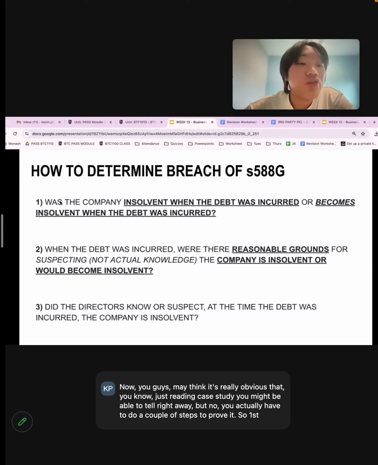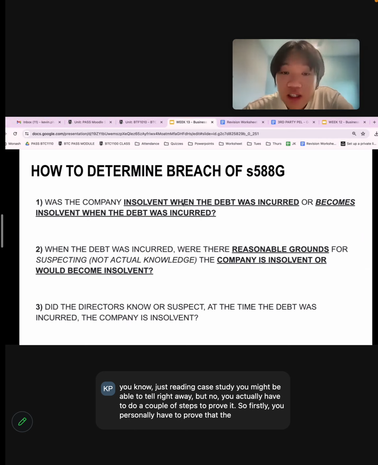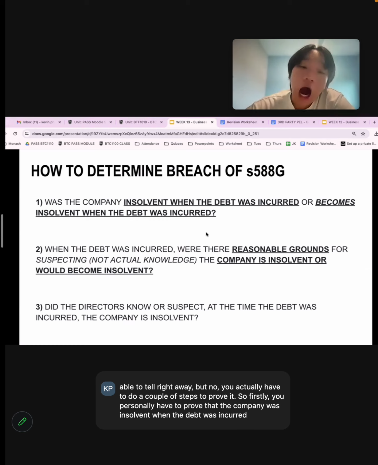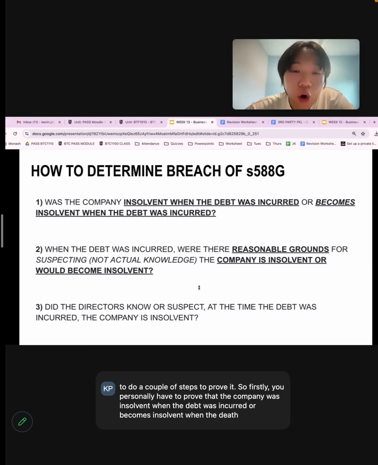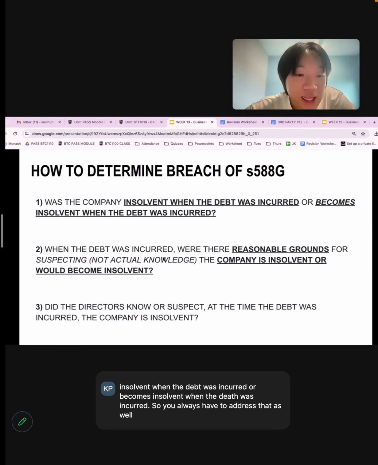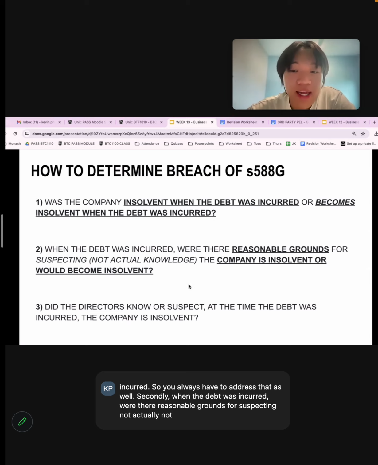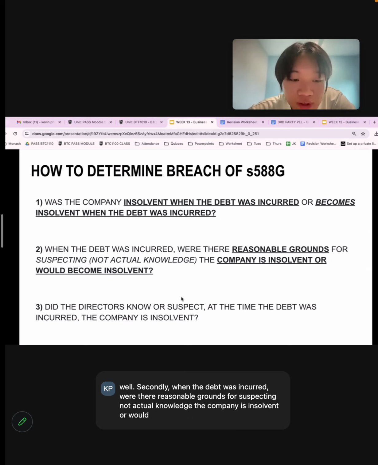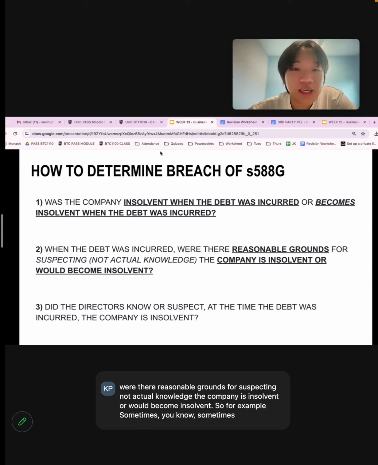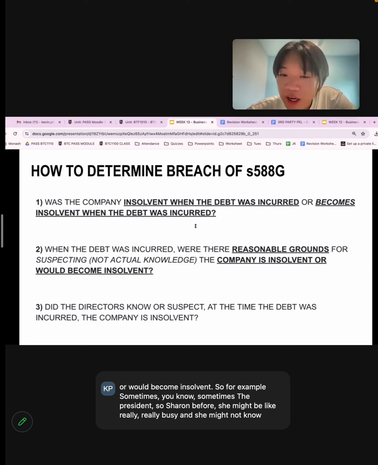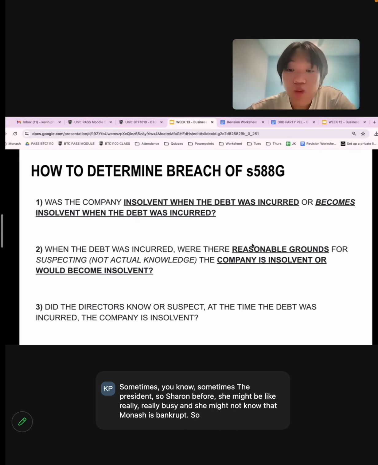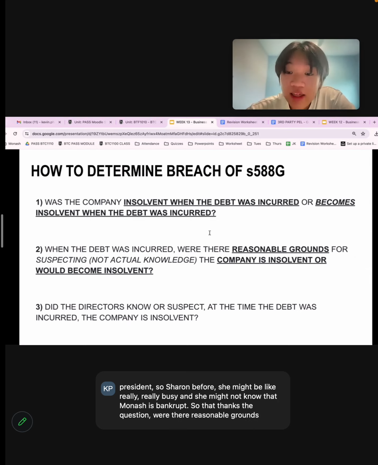Firstly, you have to prove that the company was insolvent when the debt was incurred, or becomes insolvent when the debt was incurred. So you always have to address that. Secondly, when the debt was incurred, were there reasonable grounds for suspecting, not actual knowledge, that the company is insolvent or would become insolvent? For example, sometimes the president, Sharon before, might be really busy and might not know that Monash is bankrupt. So that begs the question, were there reasonable grounds for suspecting that the company is insolvent?